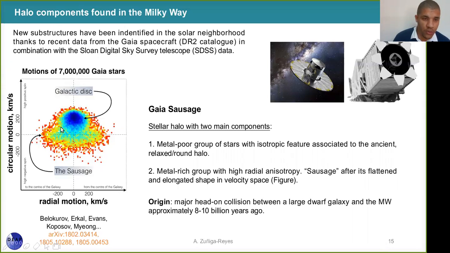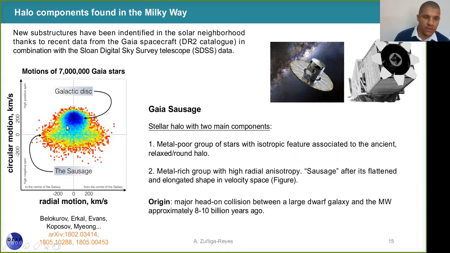The first group of stars has a circular velocity around 220 kilometers per second. This means that the stars are rotating around the Milky Way. However, below this structure, there is a group of stars with circular motion around zero.